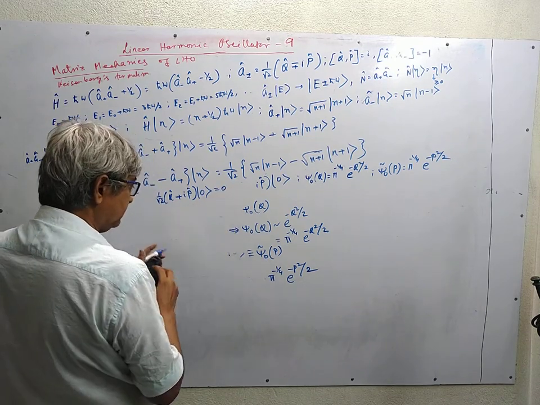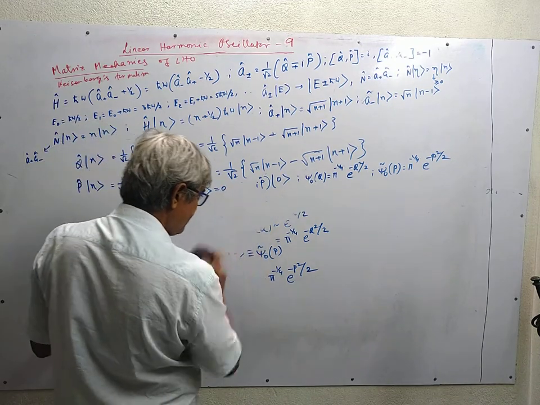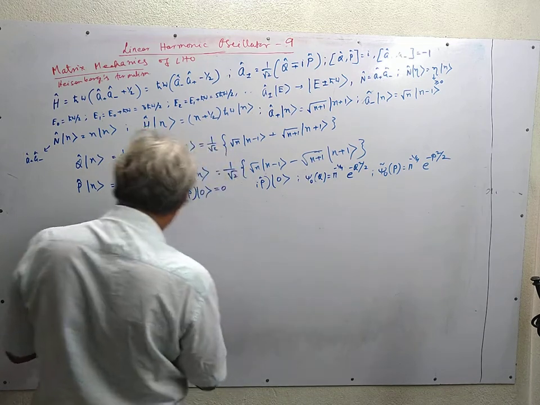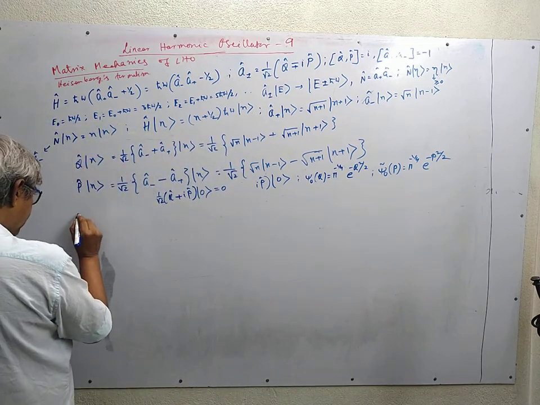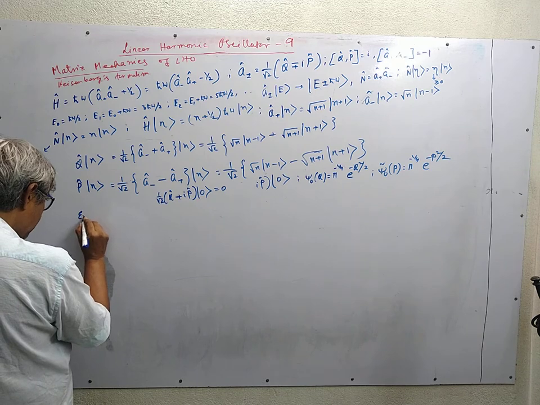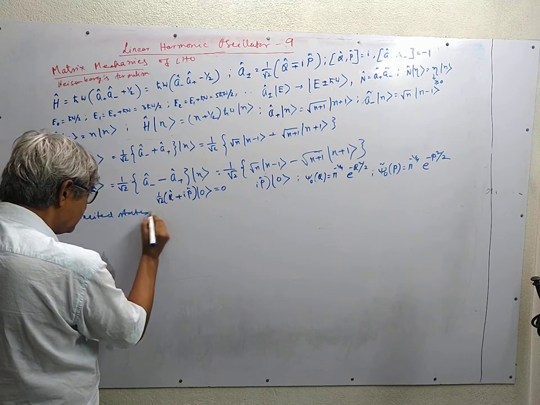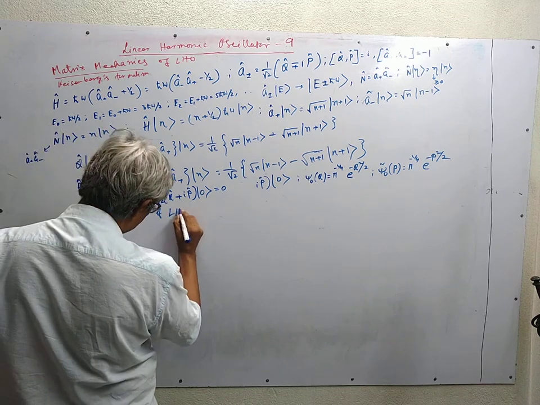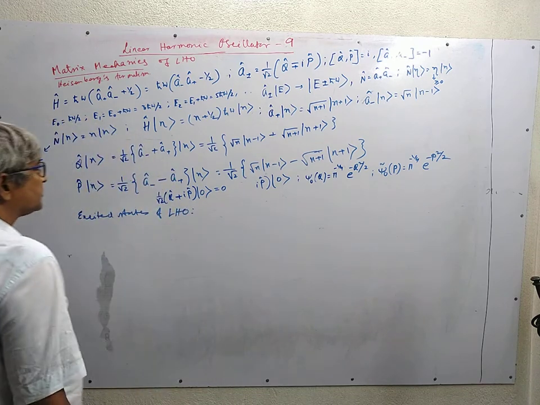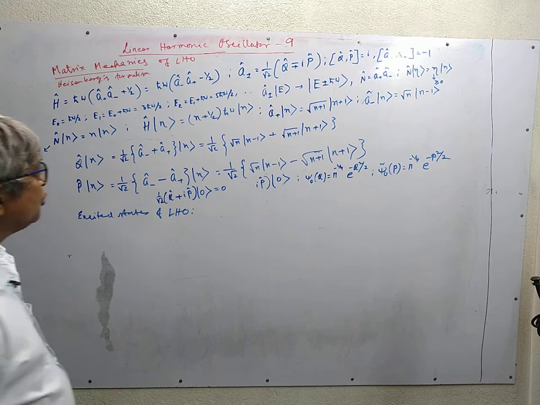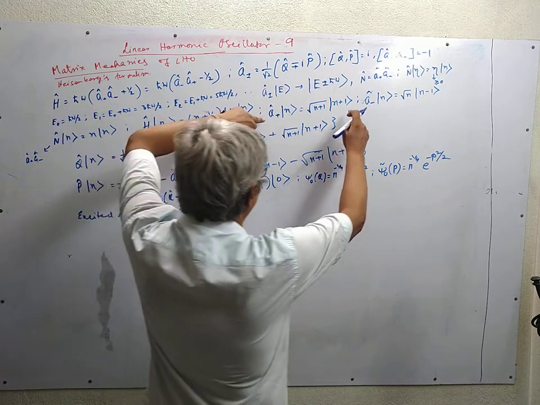This is equal to 0. For excited states of the linear harmonic oscillator, we use this relation.